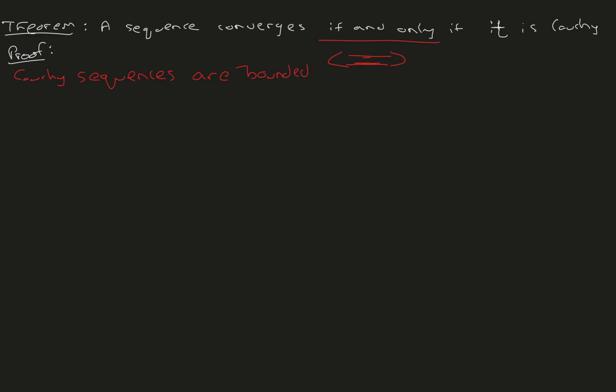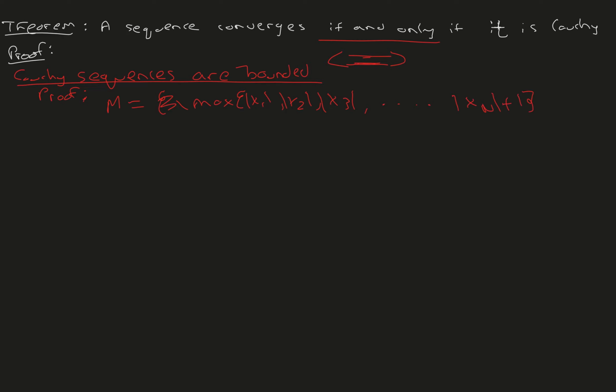The proof of this is very similar to the proof of how we showed that convergent sequences are bounded. The bound M of a Cauchy sequence is the maximum of the first elements x1, x2, x3, all the way up to x_(N+1).